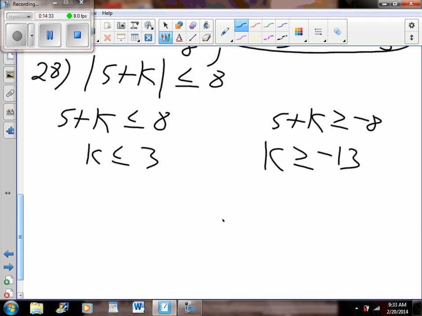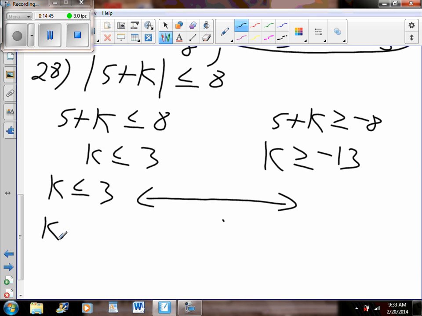First of all, let's graph both sides of the solution here. Less than or equal to 3. We're also going to graph greater than or equal to a negative 13. I'm going to make the origin basically the same place so that we can compare our answers.